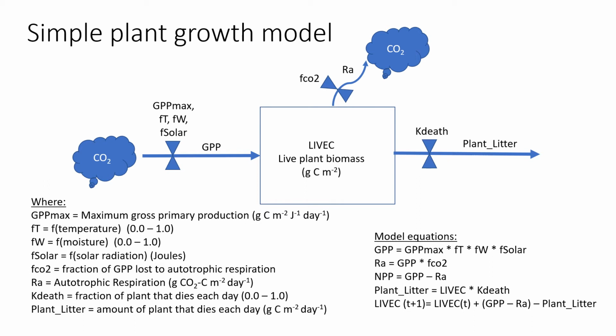The net primary production is GPP minus autotrophic respiration. Plant litter produced is a fraction of live biomass, and the live biomass at time t plus 1 is what the live biomass was at time t, plus what it gained through photosynthesis, minus what it lost through autotrophic respiration, minus what it lost from plant litter.